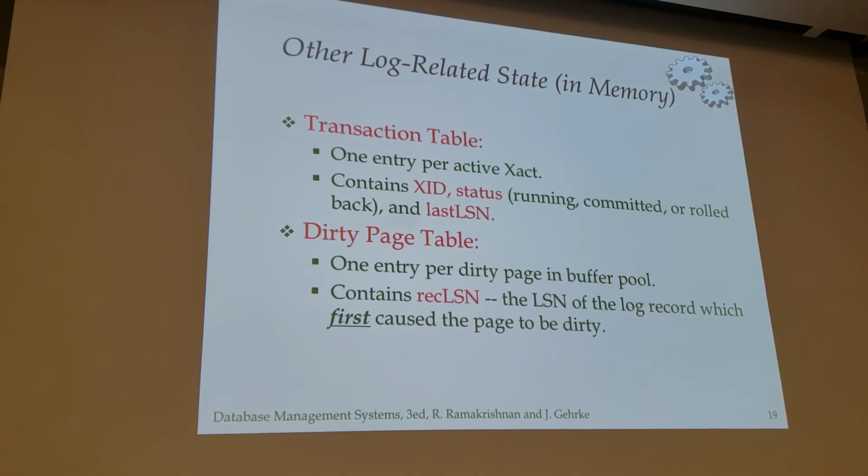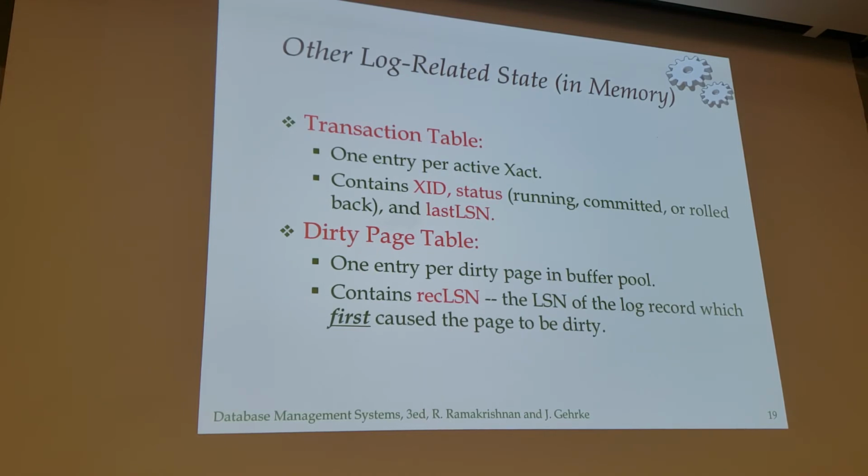So you have a dirty page table, and it includes something called the recLSN, the record LSN. And here's the interesting thing about that one. The recLSN is the LSN of the log record which first dirtied the page. First dirtied the page.